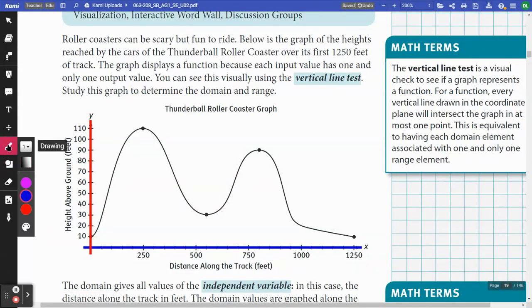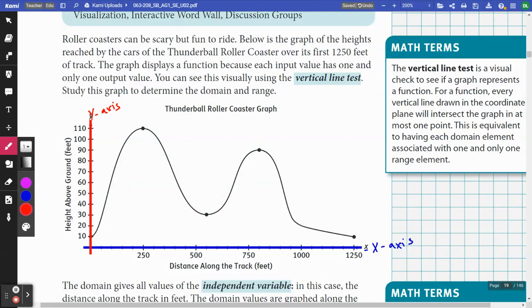What are the two lines here that I made? What's this blue line? The x-axis. So I'm going to write that this is the x-axis. It's usually labeled as an x for you. What is the red line that I drew? The y-axis, and it's usually already labeled for you.